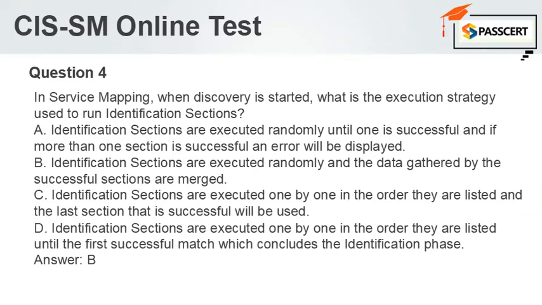C. Identification sections are executed one by one in the order they are listed, and the last section that is successful will be used. D. Identification sections are executed one by one in the order they are listed until the first successful match, which concludes the identification phase. Answer: B.